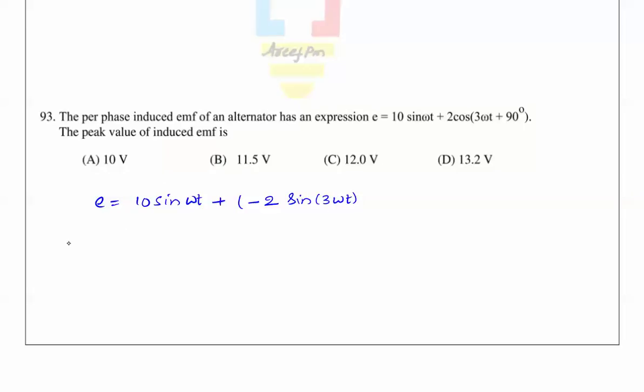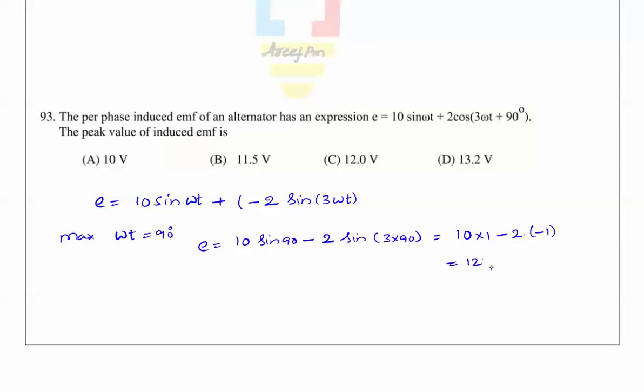So we get the maximum value at omega t equal to 90 degrees. So E is equal to 10 sine 90 minus 2 sine 3 into 90, which is 10 into 1 minus 2 into minus 1. This is equal to 12 volts. This is the answer.